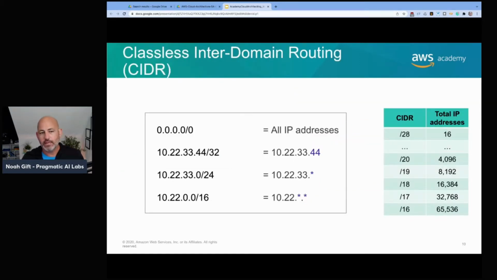In particular, a CIDR is something to be aware of. A CIDR is something that comes up all the time when you're creating a security group. It means essentially who can access it from an IP routing perspective. So if it's 0.0.0.0/0, that means anybody in the world can access your resource.